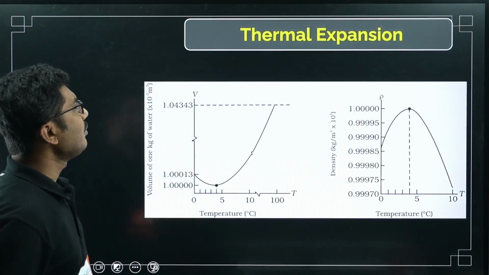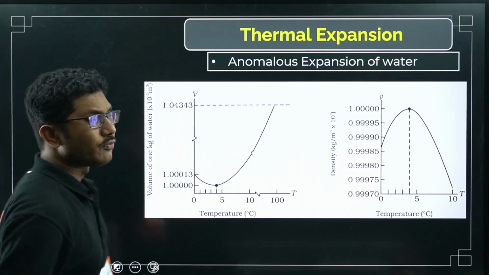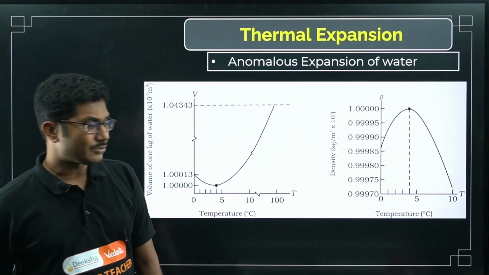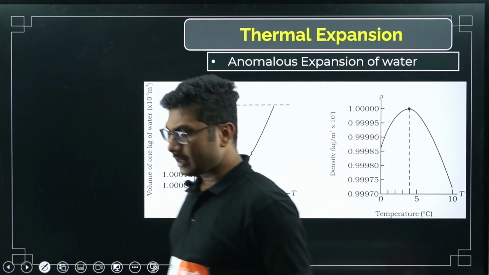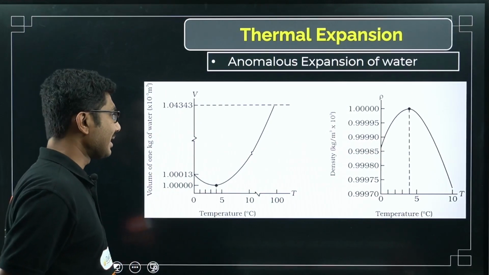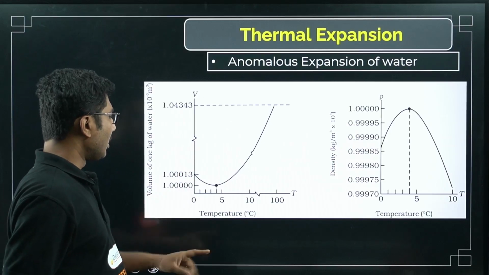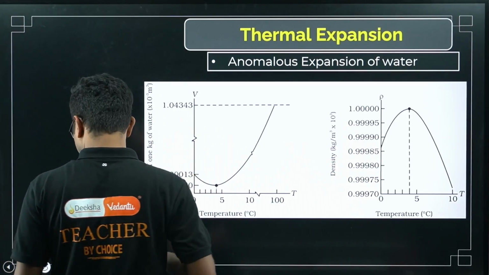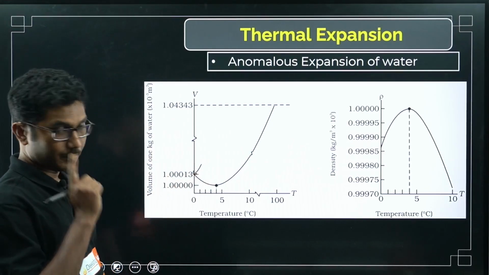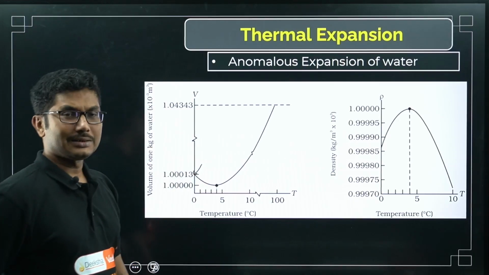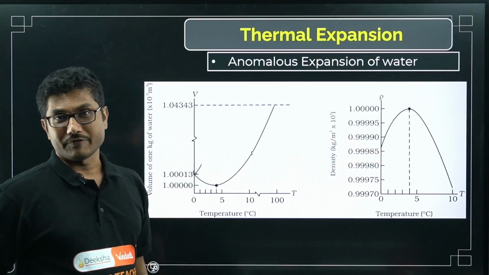Now let's look into thermal expansion, anomalous expansion of water. Anomalous expansion of water means what? We know that water does not heat up like a normal material, but it has a peculiar tendency. What is that? When you increase its temperature, starting from 0 degrees Celsius, where ice starts melting and becomes water, the volume is not the smallest volume at 0 degrees Celsius.